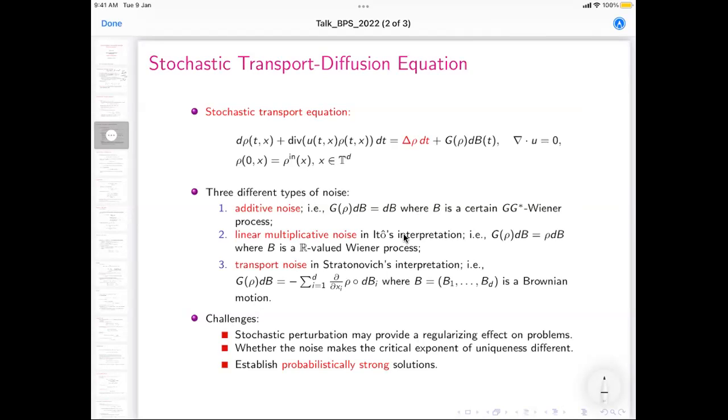Anyway, the message is why one should even care about this stochastic perturbation, for various reasons. One of them, which is very non-trivial, is that you can extract some regularizing effect. Just to give a simple idea, if you work with classical ODEs, you need your flux to be Lipschitz to get a unique solution.